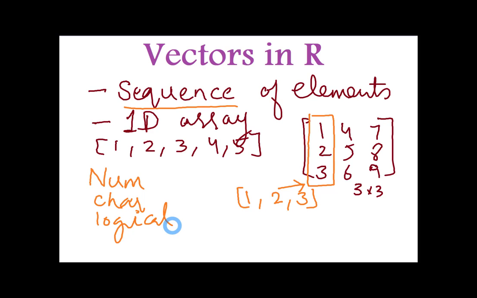We learned how to make scalars of these three data types, and now we can also make vectors of these three data types. Let's see an example of a vector of each of these three basic data types.